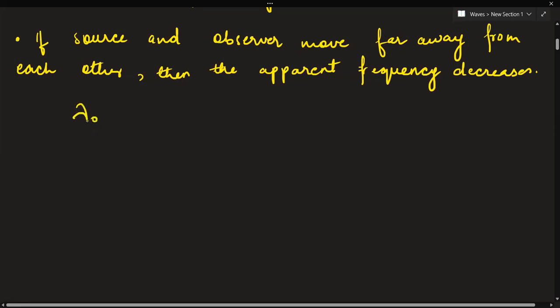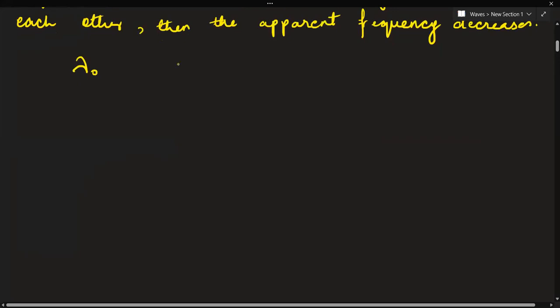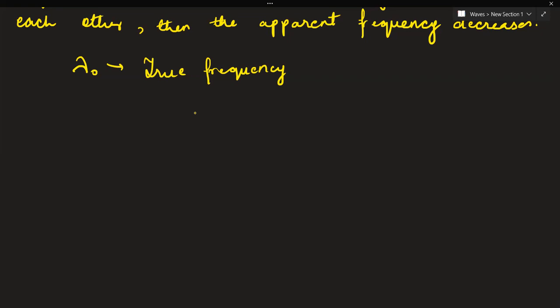A few terms before writing down the formula. Nu naught will represent the true frequency. What is meant by true frequency? True frequency is the actual sound emitted. Because of the relative motion, we are not able to hear the exact sound. Sometimes we hear it with a higher frequency and sometimes with a lower frequency.